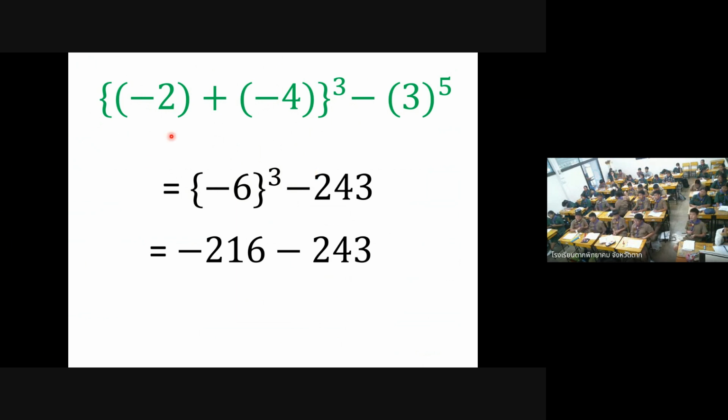What is the rule in subtraction? Negative 216 minus 243. Again, the rule is subtraction will become addition. Get the opposite. The answer is negative 459.